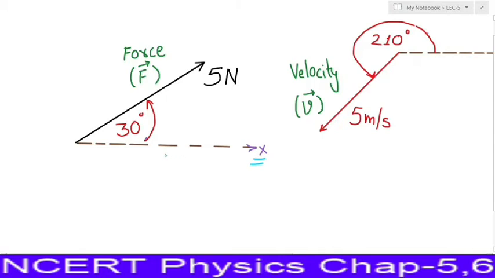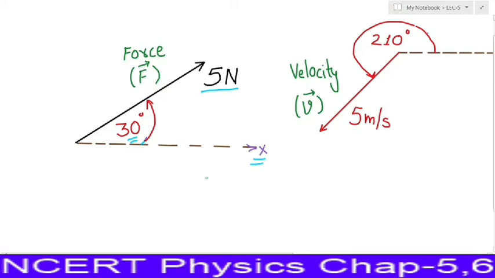Now if we remind ourselves of this force example, then I would say I apply a force of 5 Newton and the direction in which I applied force is at 30 degrees with the positive x-axis in the anti-clockwise direction. Now I have a complete idea about the strength of force and direction of force.